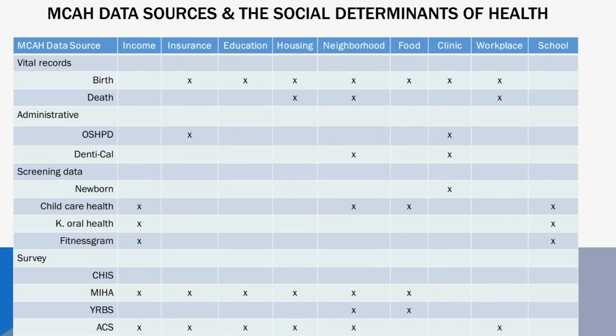So for housing and the birth records, we have address, and you can use that to link to lists of public housing or lists of SRO to get a little information about type of housing, and then neighborhood, obviously. The next few slides that I'll go through really quickly are just some examples of what we've done with the kinds of data that are available.